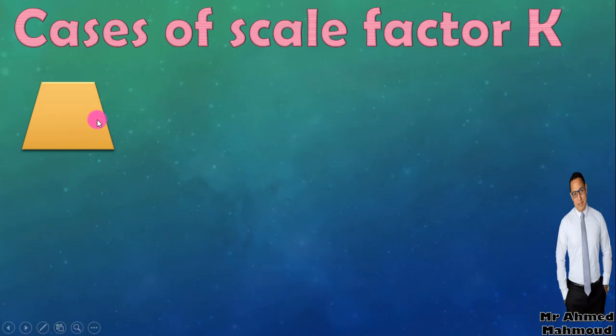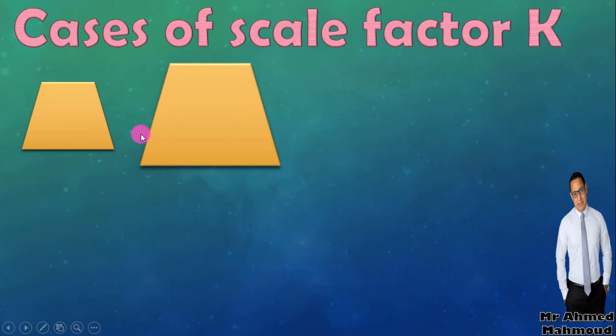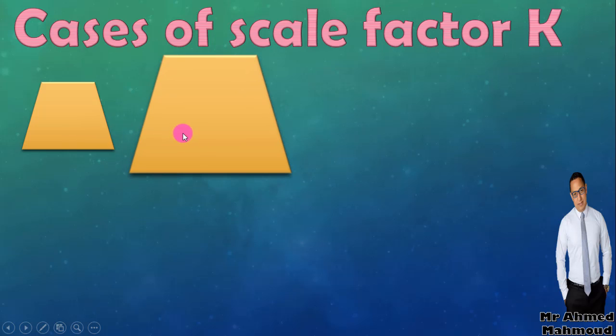If I make an enlargement or magnify this polygon, the other polygon will be greater than the smaller. This is called enlargement or magnification. It is said that the second polygon is a magnification or enlargement of the first polygon, so k here will be greater than 1. The ratio will be greater than 1 and it's called enlargement.